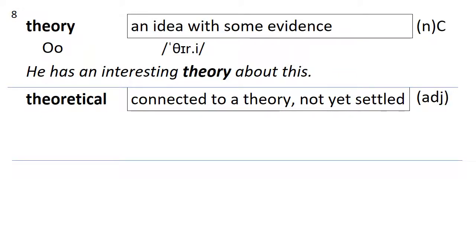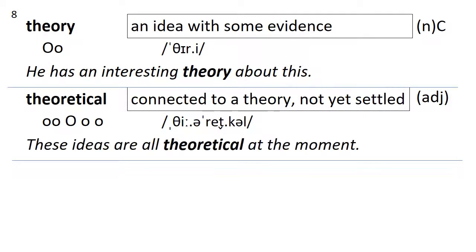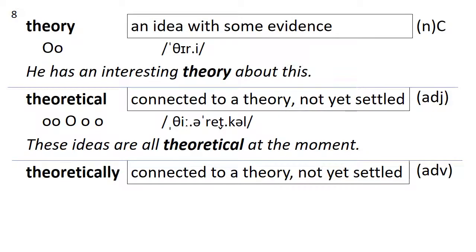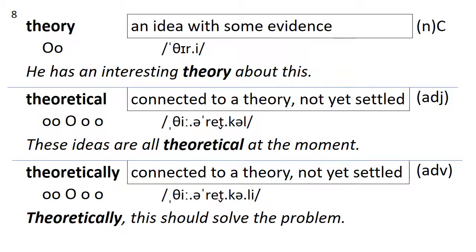How many syllables are in the word theoretical? 5. Stress on the second. Theoretical. These ideas are all theoretical at the moment. Then we have theoretically. Same meaning, but it's an adverb. It still has 5 syllables, stress on the third. Theoretically. Theoretically, this should solve the problem.